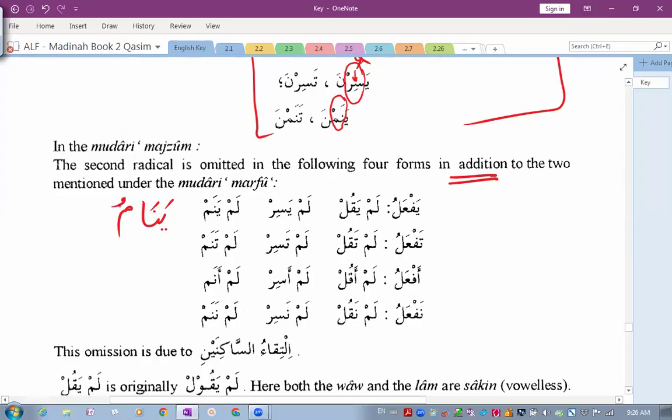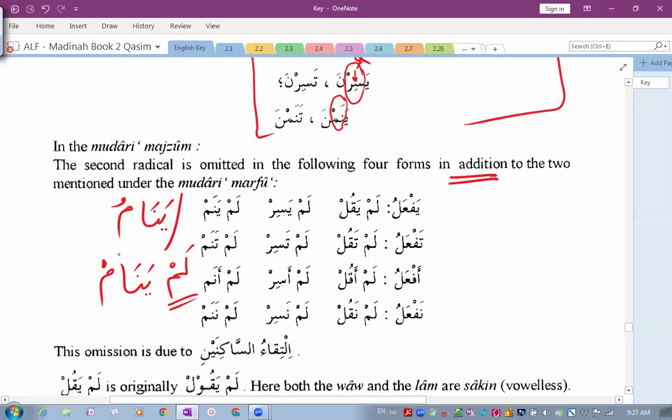We bring lam before it, and yanamu becomes yanam. What is the definition of lam? Harfu jazmin wa nafin wa qalbin. It is a harfu jazm, meaning it makes the mudare majzoom. So lam yanam.